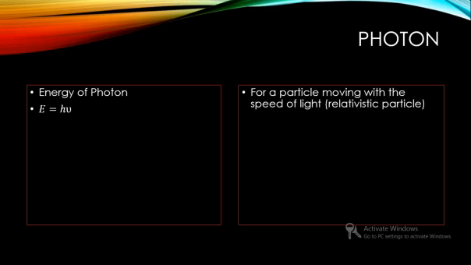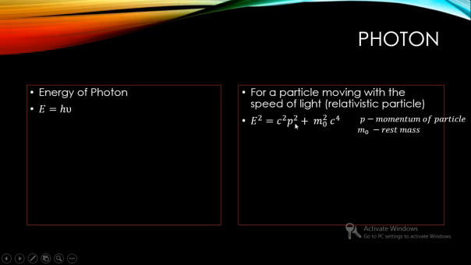But a particle which is moving at the speed of light, which is called a relativistic particle, will have an energy given by E squared, the square of total energy, that is E² = c²p² + m0²c⁴, where p is the momentum of that particle and m0 is the rest mass of that particle.